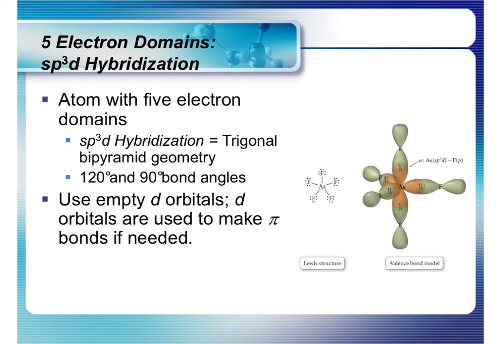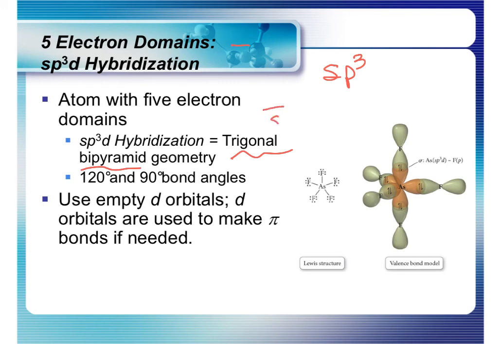Now we're going to review the larger number of electron domains. 5 electron domains, which we know is trigonal bipyramidal, and 6 domains, which we know as octahedral geometry. Once we have sp3 hybridization, we've used up all the s and p atomic orbitals.